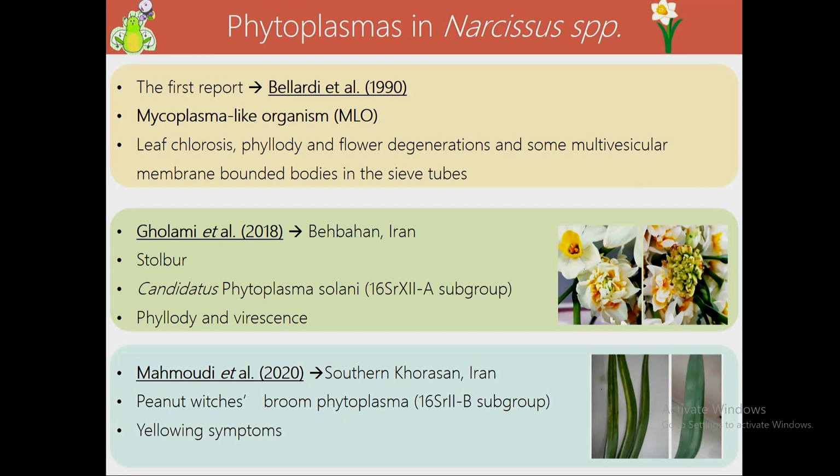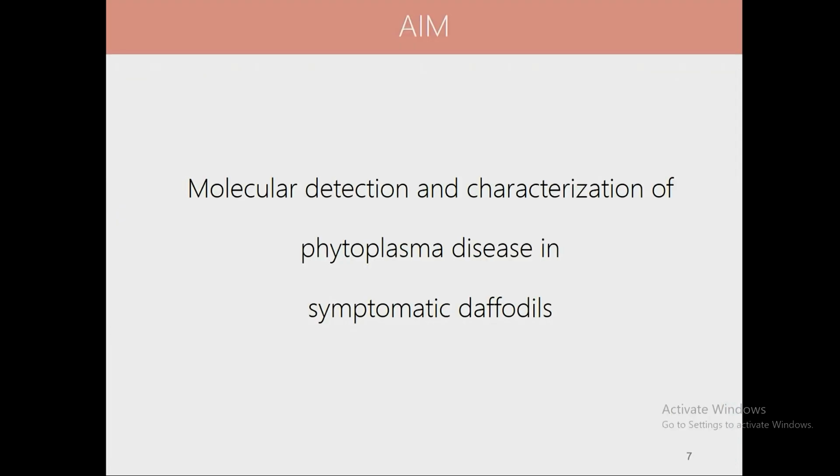One is showing Stolbur, Candidatus Phytoplasma solani from the 12A subgroup, and another one is Mahmoudi and his colleagues, which is showing peanut witches' broom phytoplasma, which is also group 2B. So our aim in this study is to molecularly detect and characterize which phytoplasma disease it is in the symptomatic daffodils.